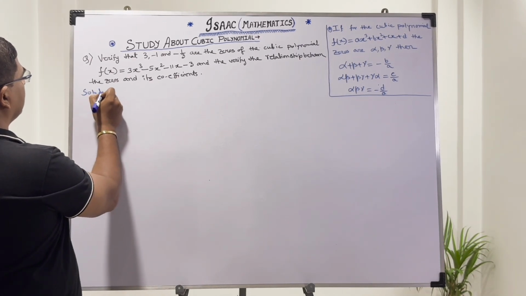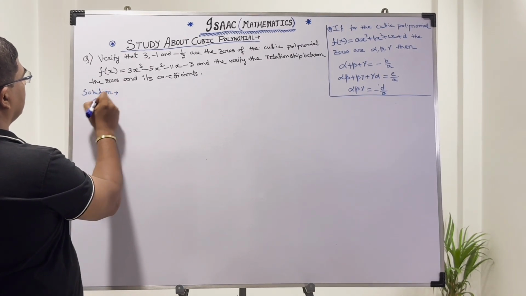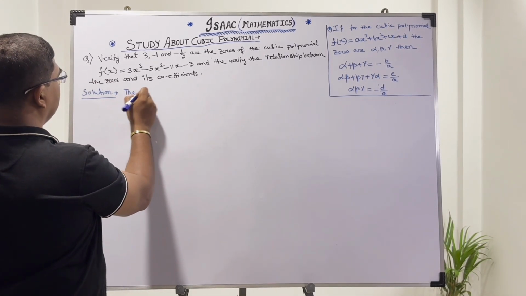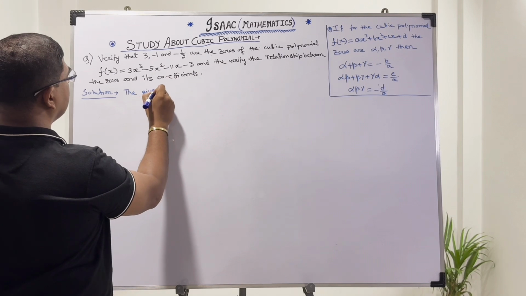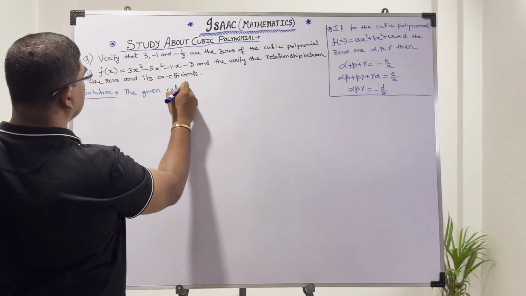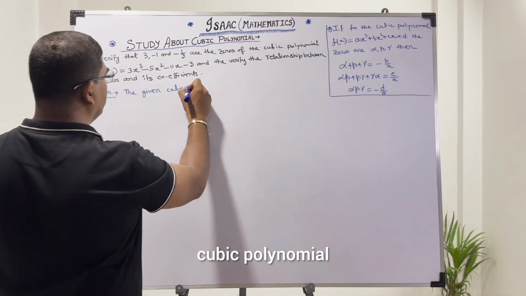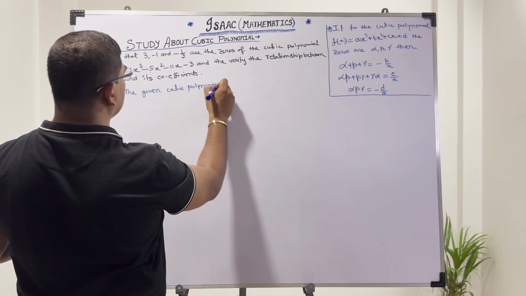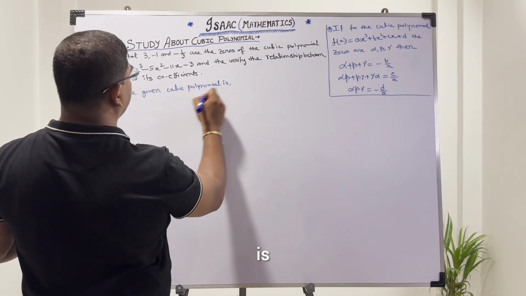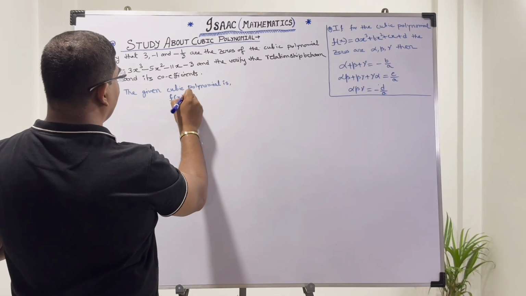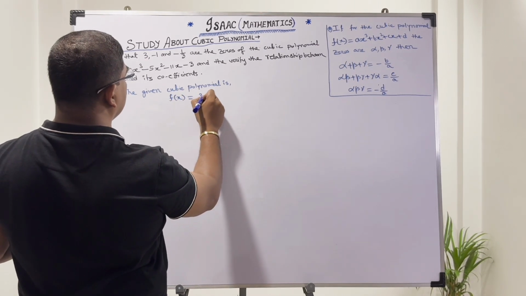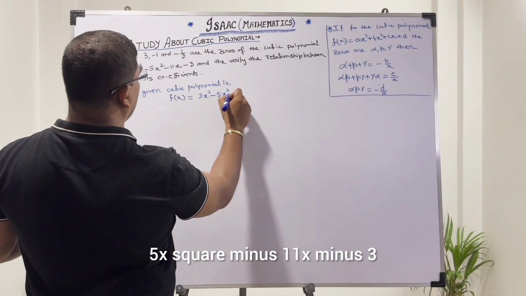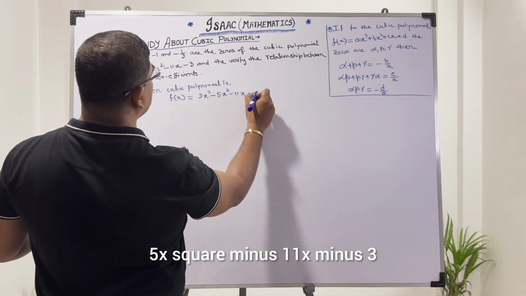Solution. The given cubic polynomial is f of x equals 3x cube minus 5x square minus 11x minus 3.